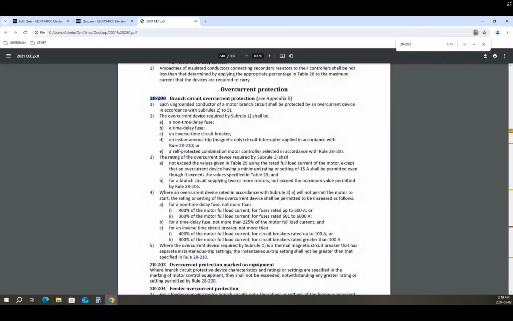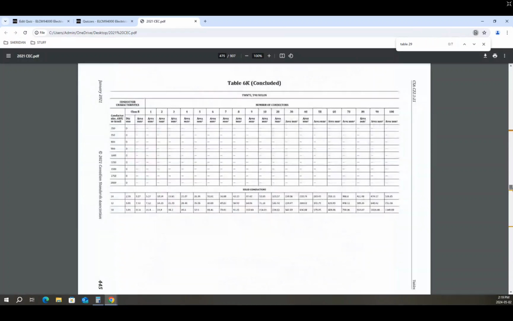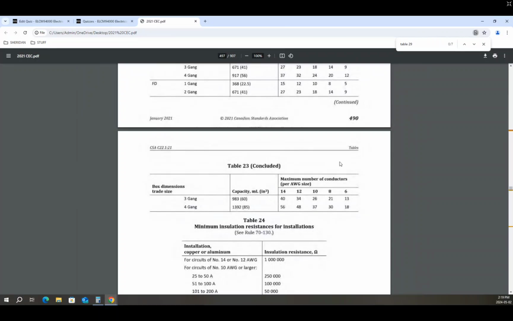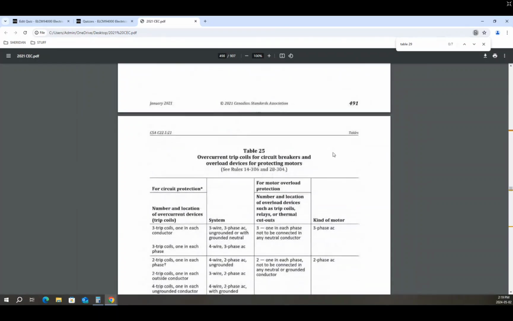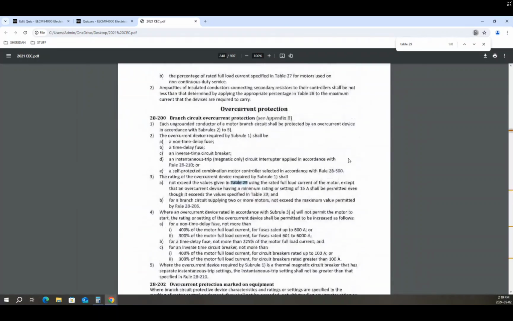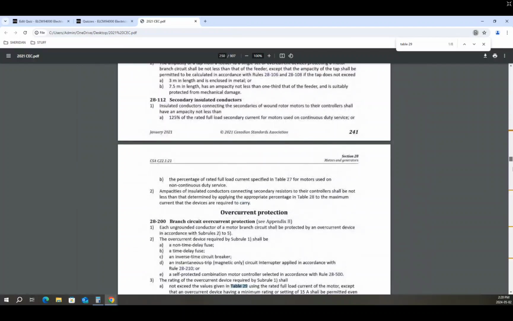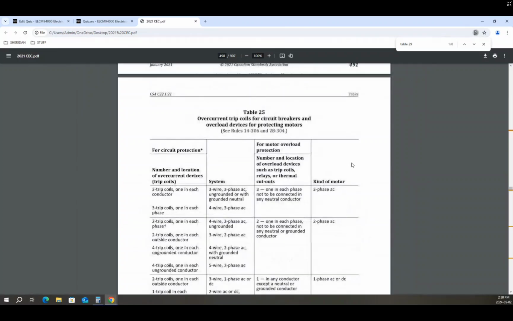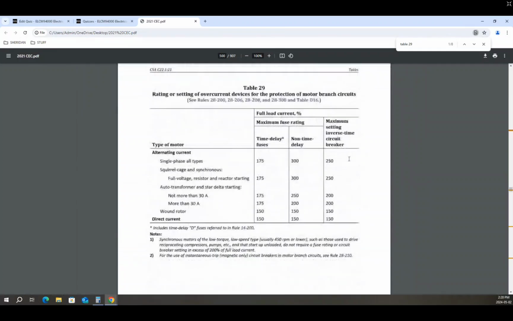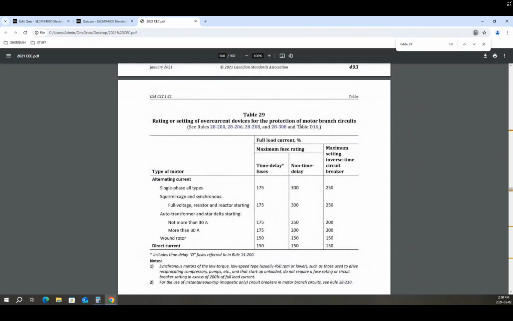So I want to go to table 29. Rating or setting of overcurrent devices for the protection of motor branch circuits.